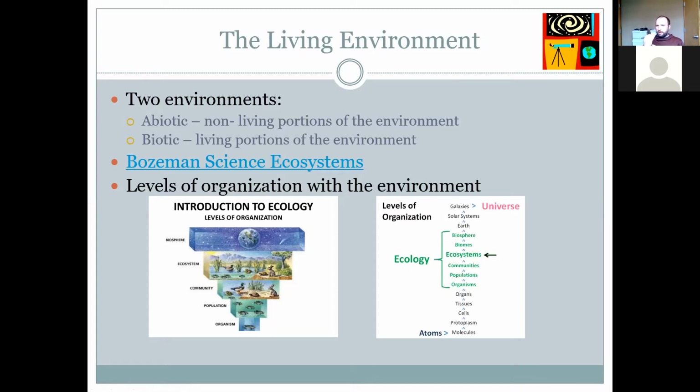When we talk about the environment, we break it down into two parts, the abiotic and the biotic, okay? So the abiotic environment is the non-living part of the environment, everything that makes up the environment that isn't alive. So if we take an alpine lake, a lake way up in the mountains, that's our environment. The non-living portion of that setting would be the abiotic environment.